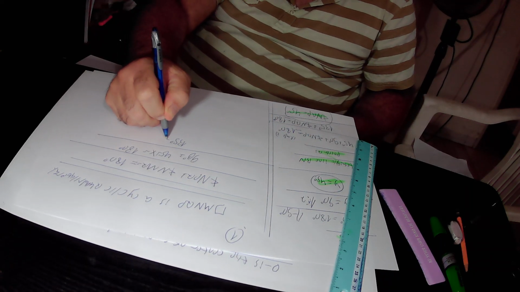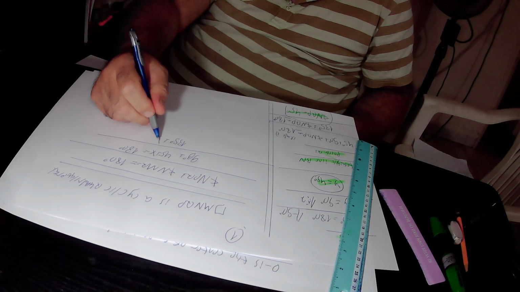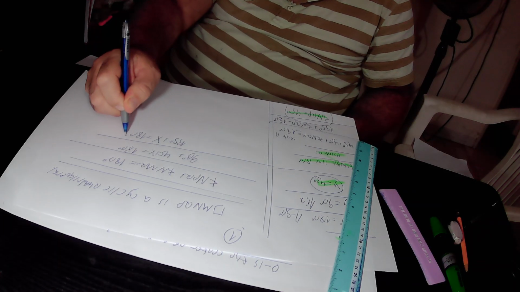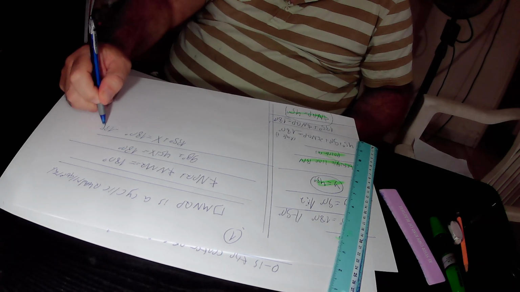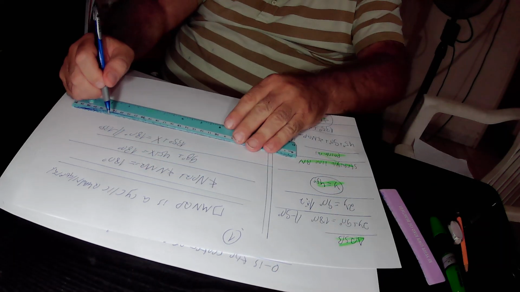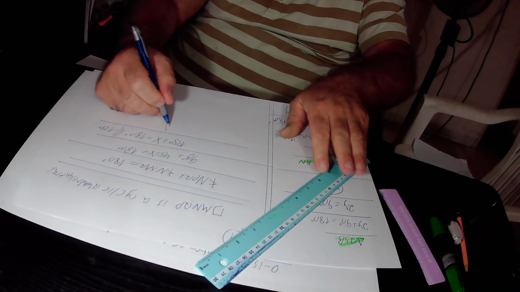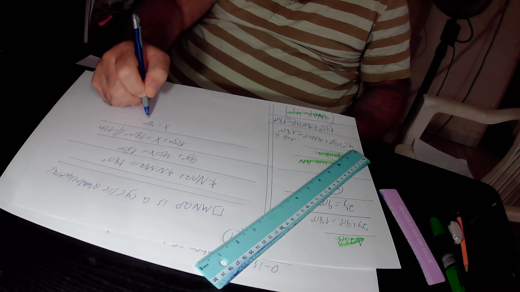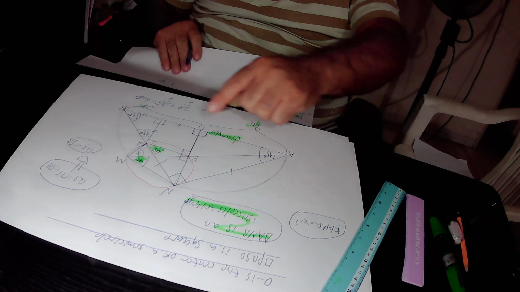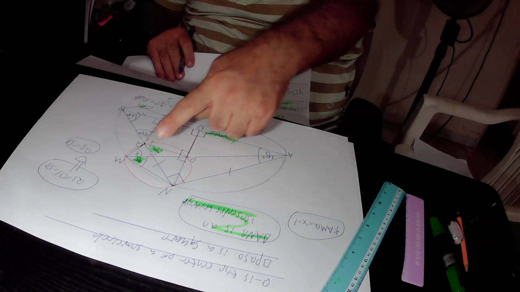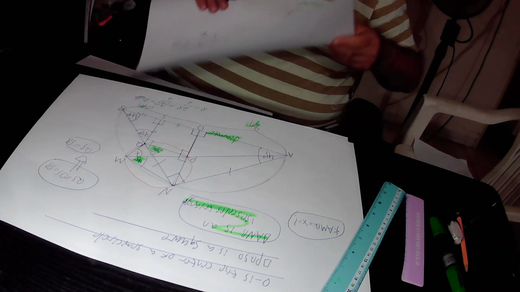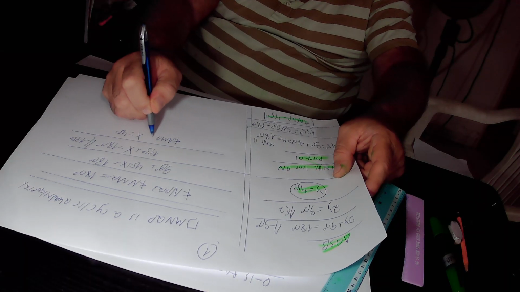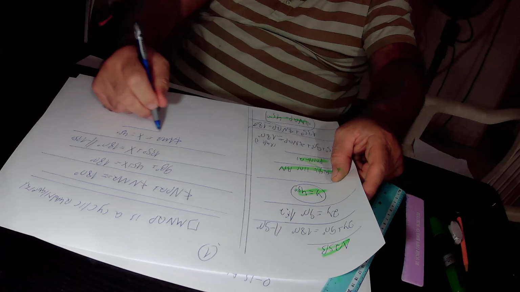So 135 degrees plus the missing angle x, that is the angle that we were looking for in this question, in total are equal to 180 degrees. Here we subtract 135 degrees, and we get that the missing angle x equals 180 degrees minus 135 degrees, which is 45 degrees. So this is the missing angle x, which is also defined as angle AMQ. So angle AMQ is equal to x, which is equal to 45 degrees in size.